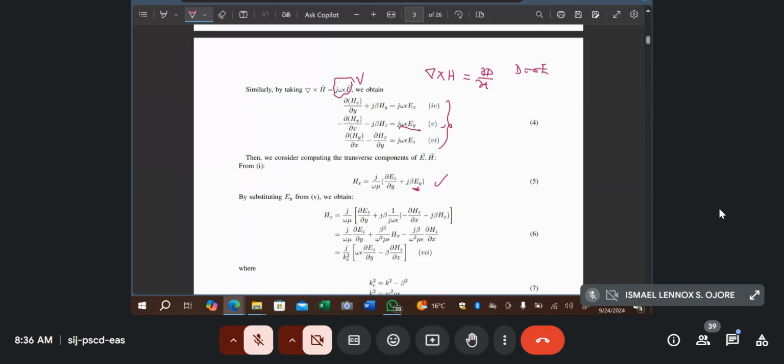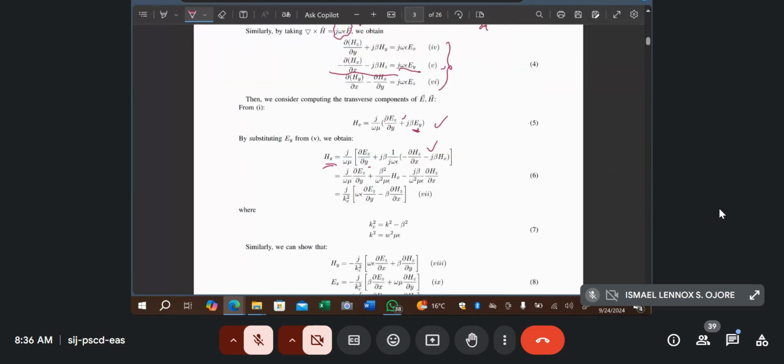So you'll compute Hx is j over omega mu, just what we have here, dEz over dy plus j beta Ey, but Ey is the whole of this. Okay. So when you do that computation, what you will end up with is a function here, which can be written as 7.